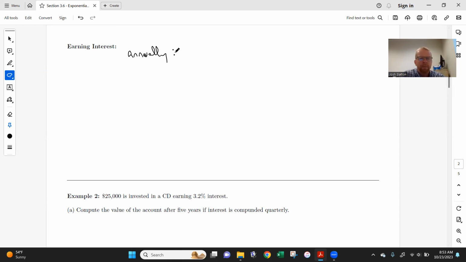So A of t, A for accumulated amount, equals P times 1 plus r to the t. That's every January 1st, or whatever date of the year, we're accumulating interest on that date, and that's how much we get in the year, and then we can figure out over a certain time period.